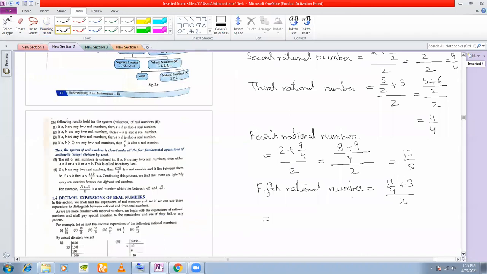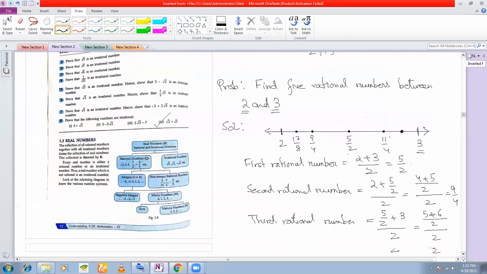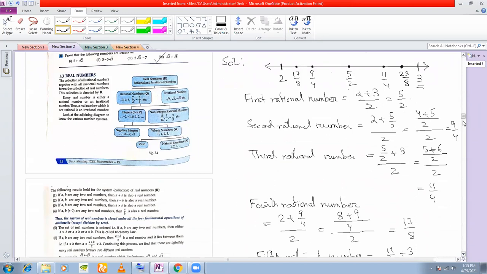So 11 by 4 plus 3. 11 plus 12 divided by 2. So this becomes your 23 divided by 8. So this is 23 divided by 8. So what are the numbers?